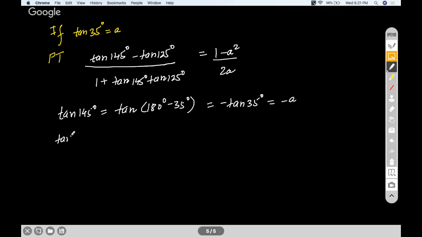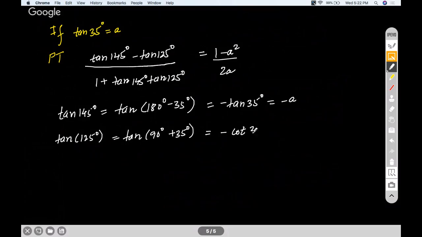Similarly, tan 125 degrees could be written as tan of 90 degrees plus 35 degrees. We know tan of 90 plus theta is going to be minus cot theta.